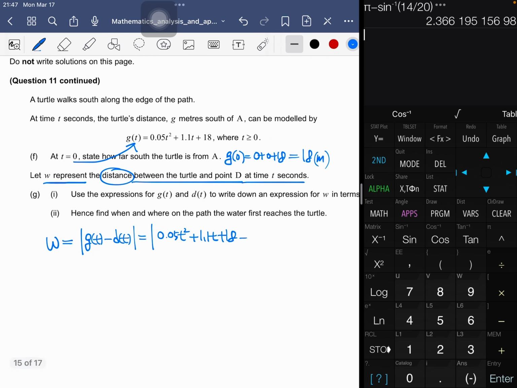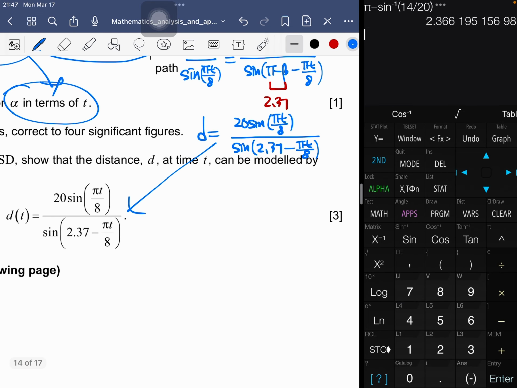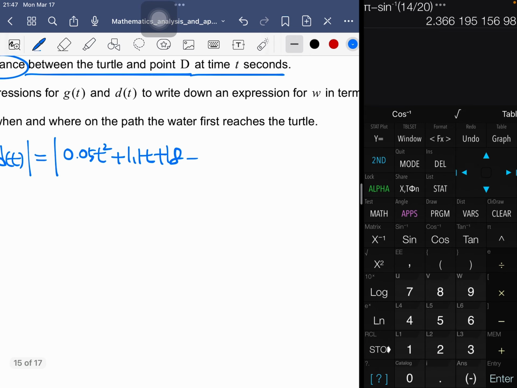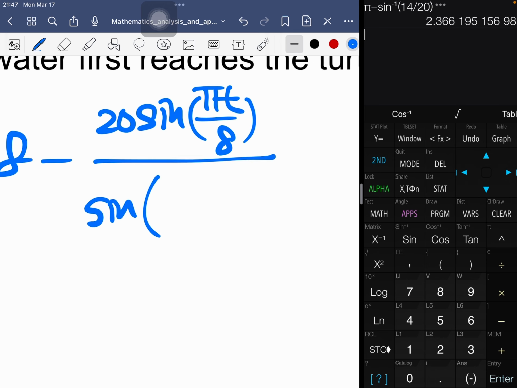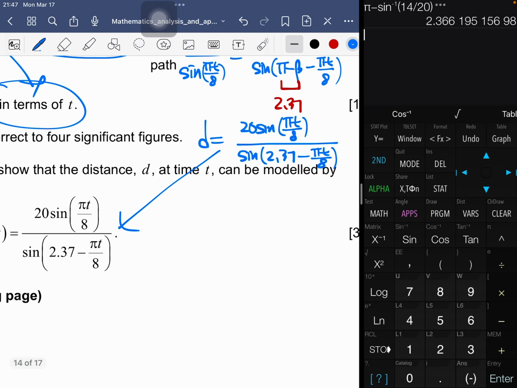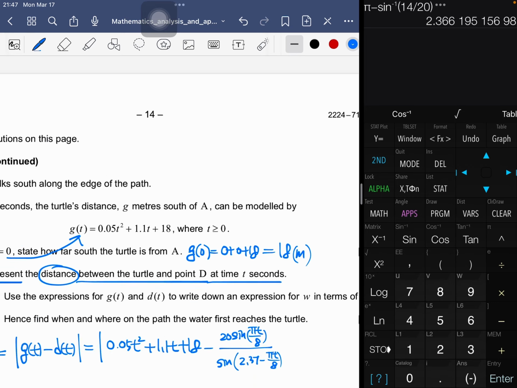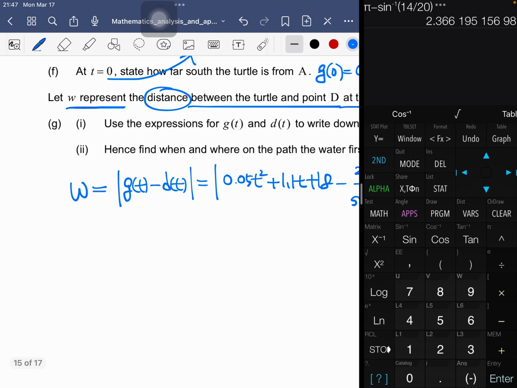What was it? 20 sine pi t over 8 divided by sine, remember, it was 2.37 minus pi t over 8. Let me double check. Yeah, that is correct. So the answer to this question, part g number 1, is like this.